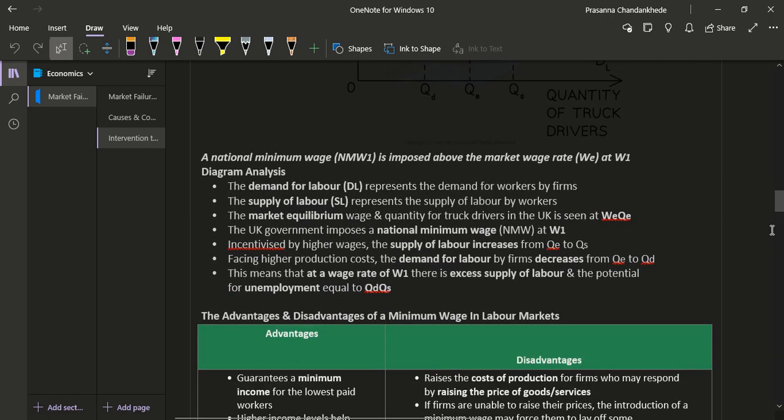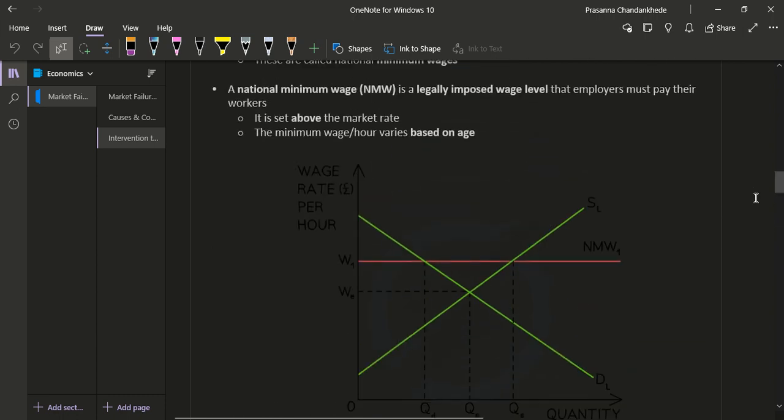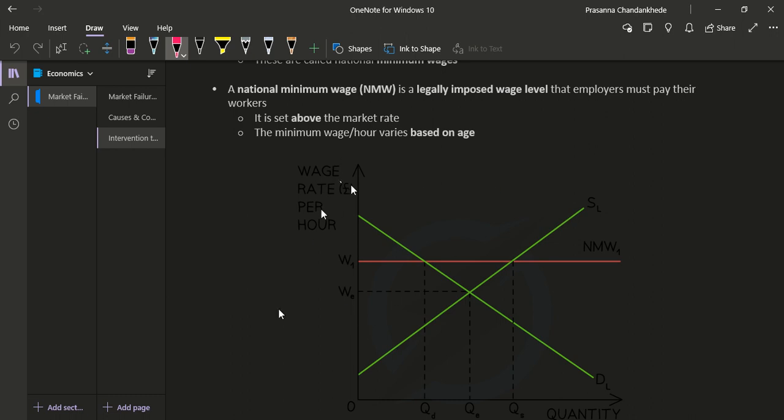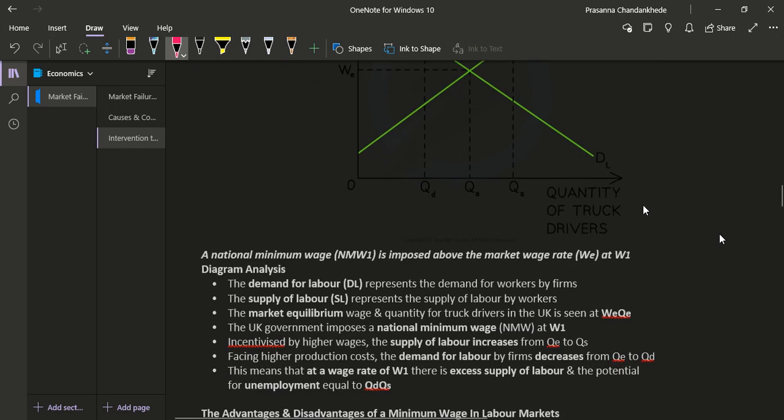Okay, this is the diagram. Let me change the color. Let's go with orange. So this is our wage rates per hour, and this is our quantity of truck drivers, an example quantity.